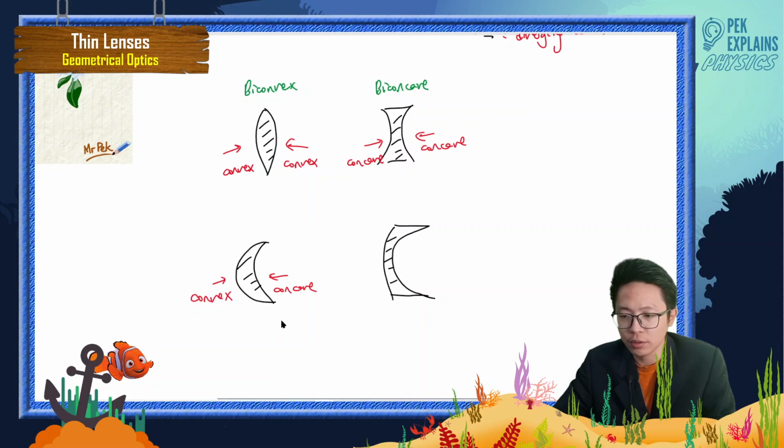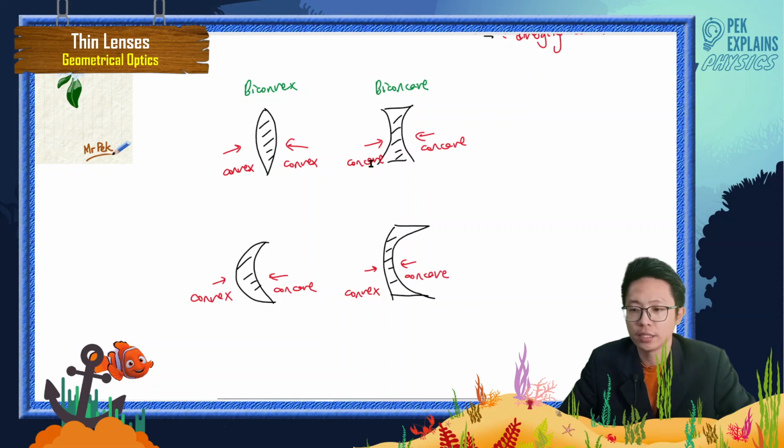This one is also the same: from here I can see one convex surface, and here one concave surface. Not like before, where both sides are convex or both sides are concave. This one is one convex, one concave, and this one is also the same. What is the name for this?